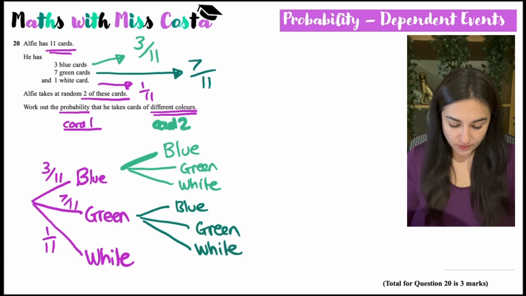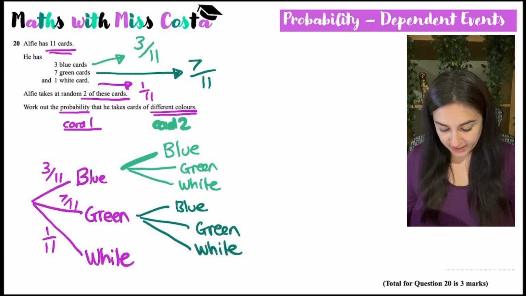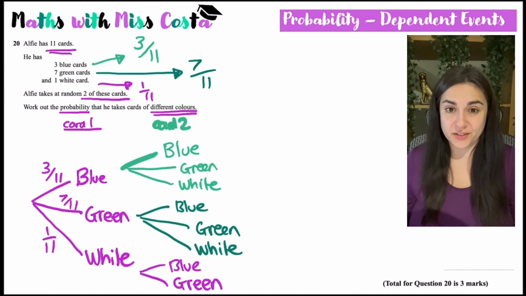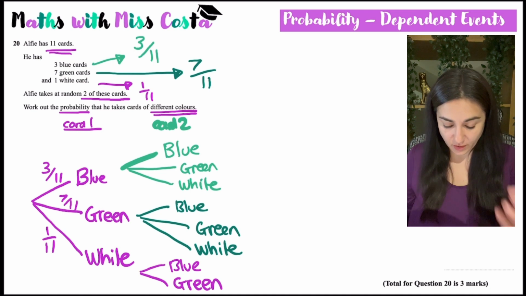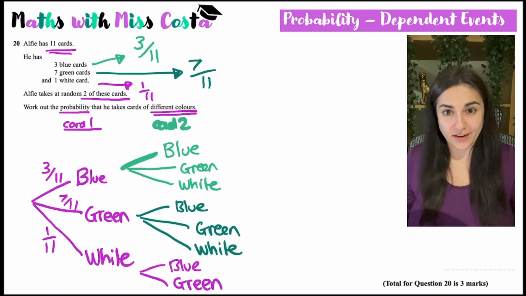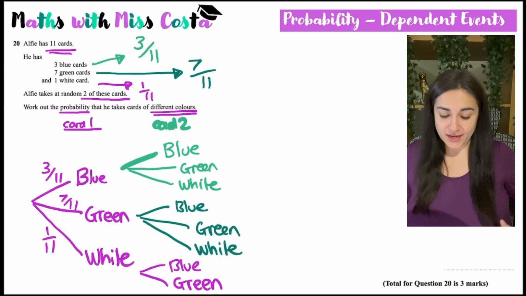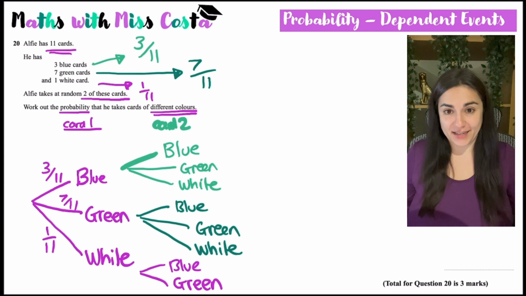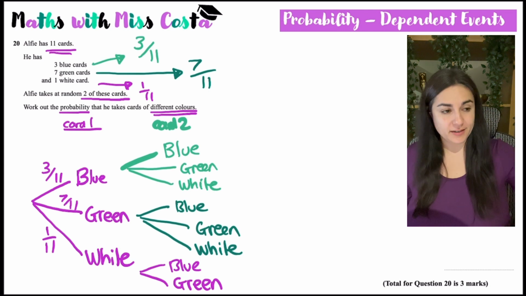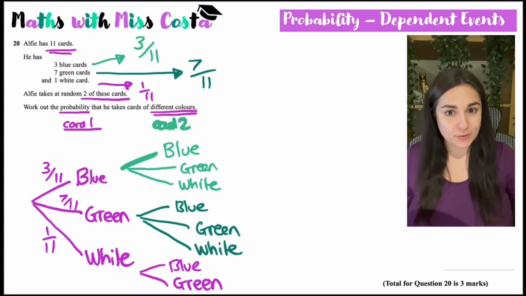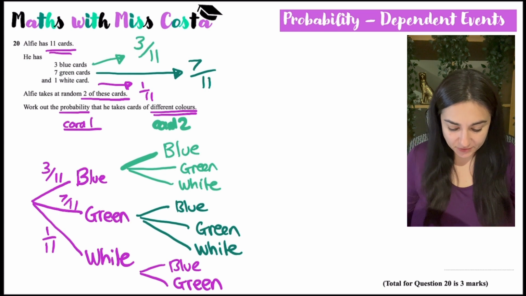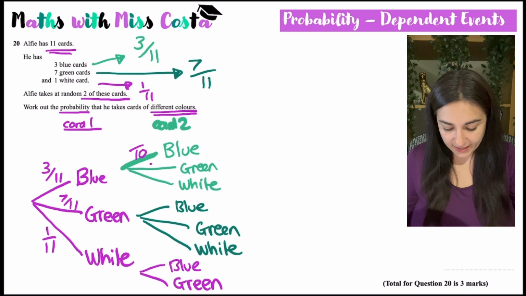And for white, if I've taken my white card, I could then choose a blue card or a green card. I don't have an option to take a white card because there's only one white card. So if I've taken it, there are no more white cards to take. So this is not a replacement question. He takes 2 cards at random. So once he's taken 1 card out, there were 11, there are now 10. So you need to make sure that all of your denominators are out of 10.